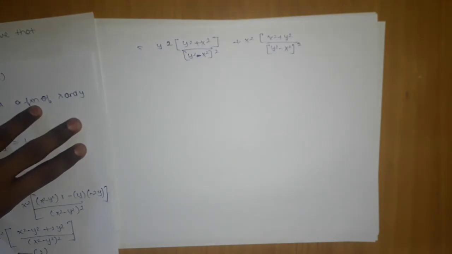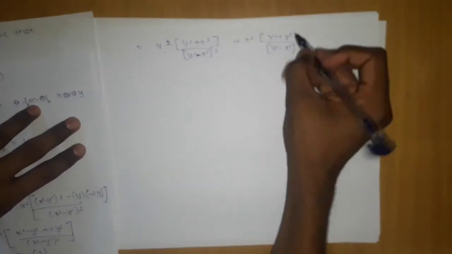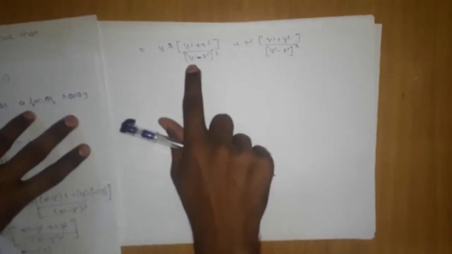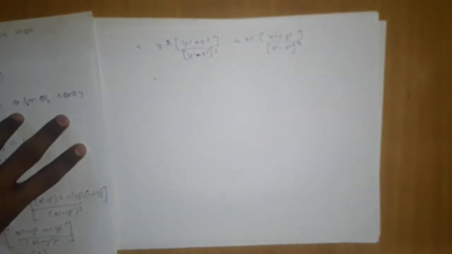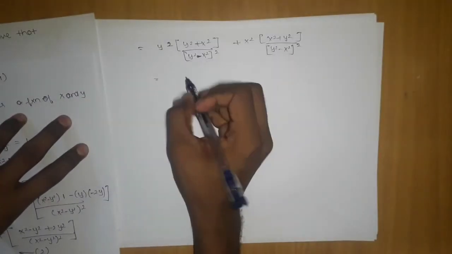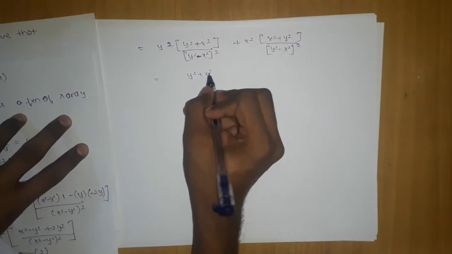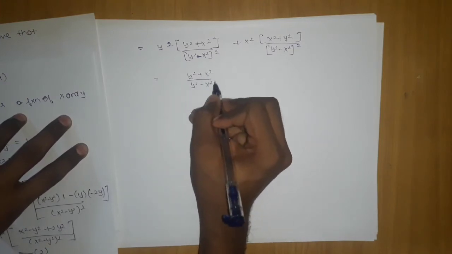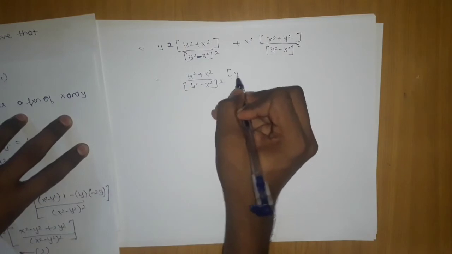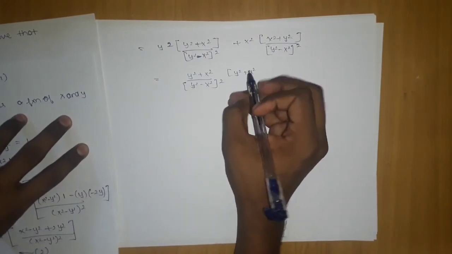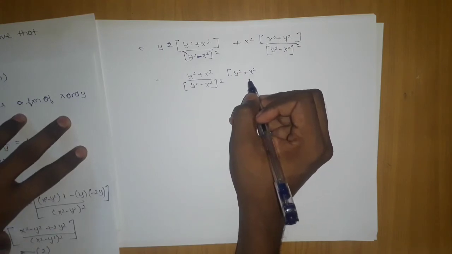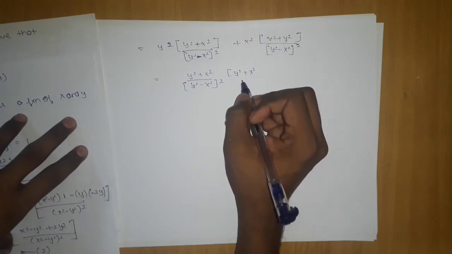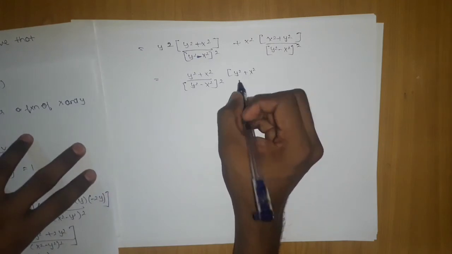So what we can see, if you observe, okay, we can convert this into (y² − x²). Since it is square, it doesn't matter. So if I convert it, I can take the whole thing common, (y² + x²) the whole upon (y² − x²) the whole square, and here I am left with (y² + x²) the whole square. Okay, so what I am getting, x².